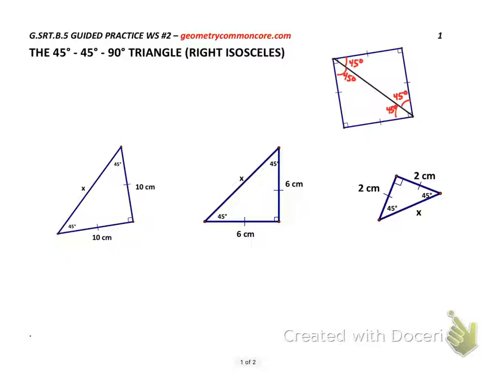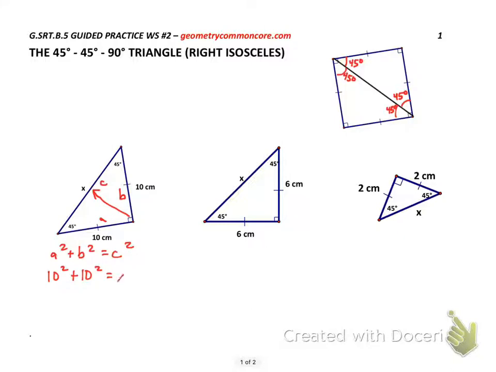And so if this is my A and this is B and the C is always opposite the right angle, then I can do Pythagorean theorem here. So A squared plus B squared equals C squared. And I can substitute in. A in this case is 10. B is 10.